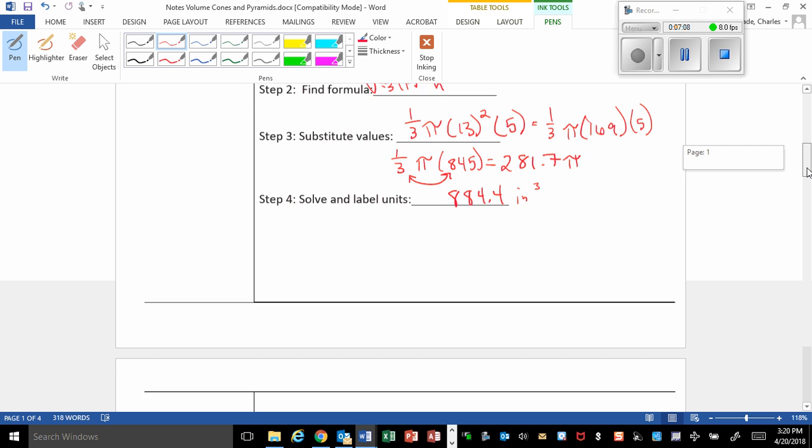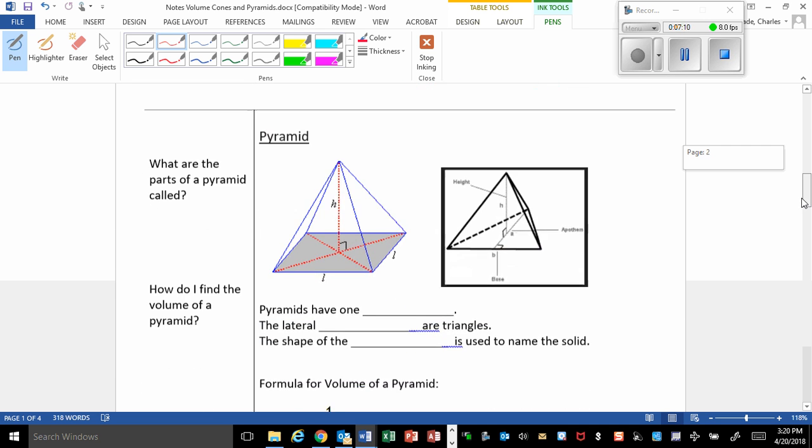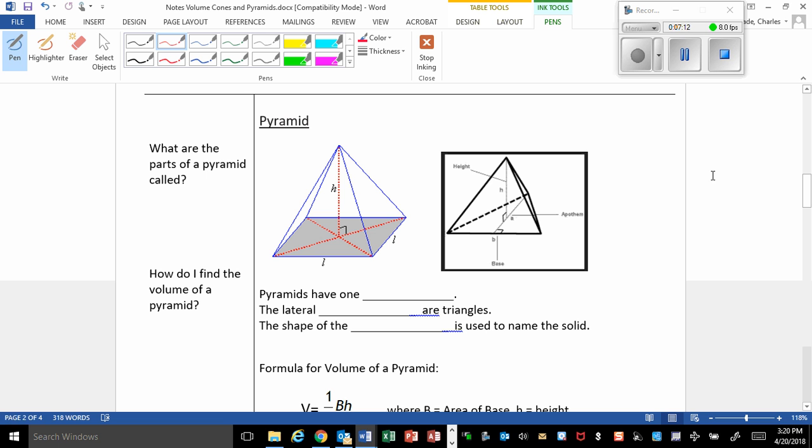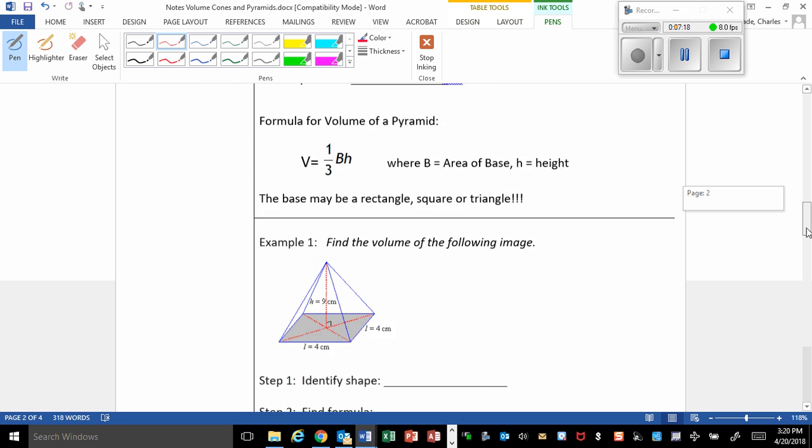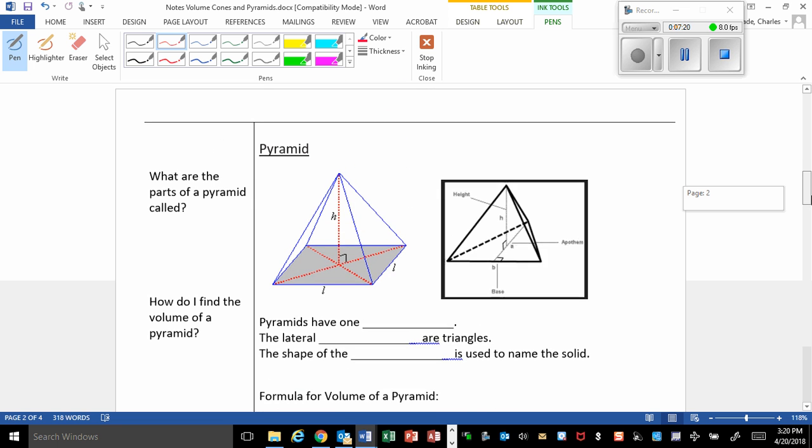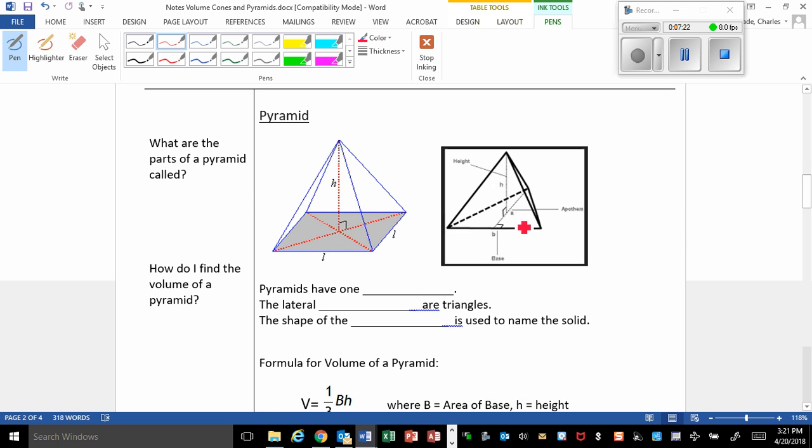All right, so let's go to a pyramid, which can get pretty tricky, because we're going to have two different shaped bases, as you see up here. We're going to have a triangular shaped base, and a rectangular or square base. But they're only going to have one base.